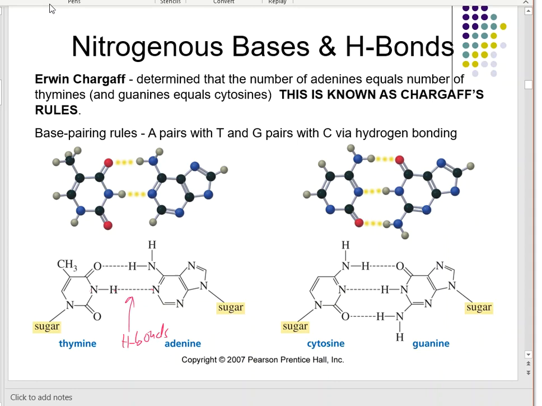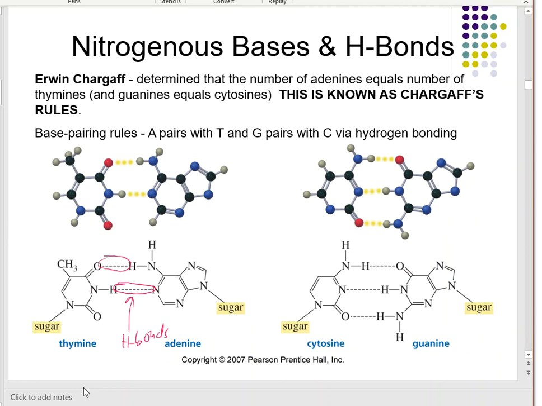In the case of AT, adenine and thymine, there's only two. There's a hydrogen bond here, and there's a hydrogen bond there. The way that these structures are made, we get a short little structure, and we get the bigger, fatter structure.